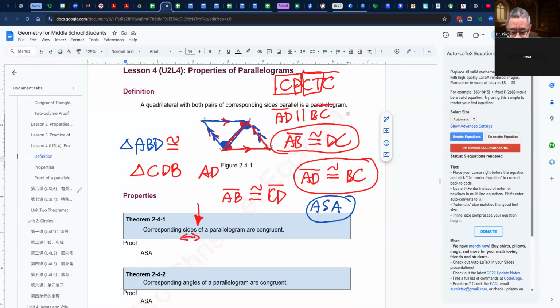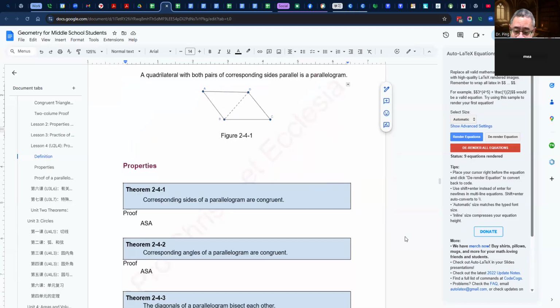Good? Very good. So now we get on to the second theorem, which says corresponding angles of a parallelogram are congruent.